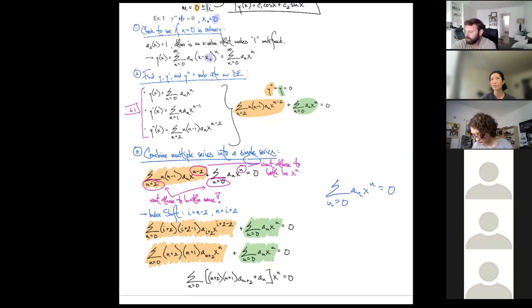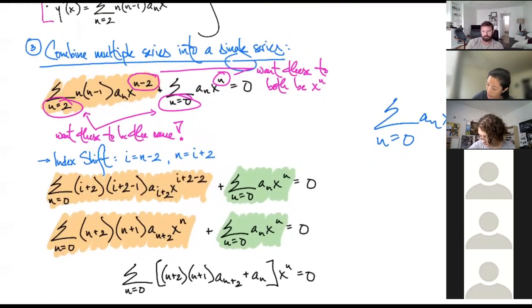And this is the last question on homework 5, I think. My question was, what is true about all the coefficients? Like, what's true about a sub n? And the answer that I was looking for is the only way that this is true, because the x to the n's are not going to be equal to 0, is if the coefficients equal 0.